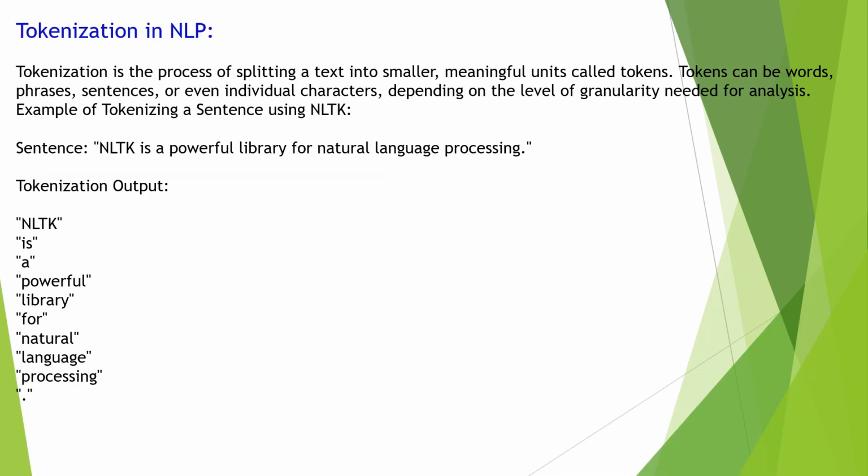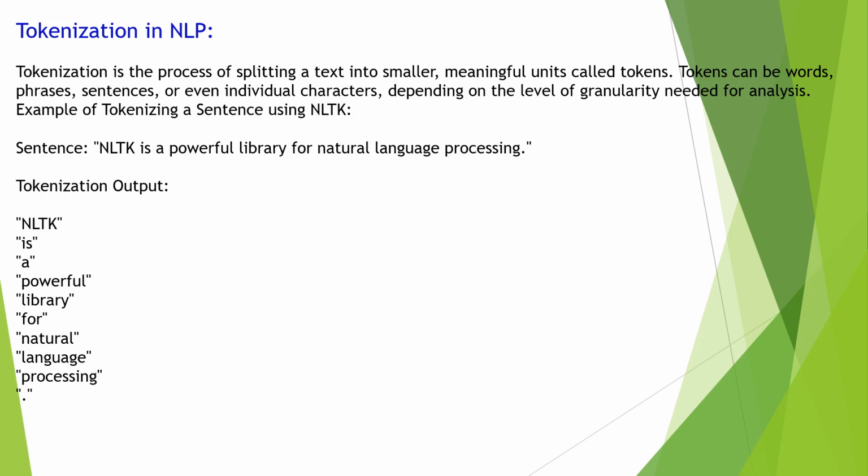So coming to the next, we come to tokenization, which is one of the most fundamental NLP tasks. Tokenization simply means splitting text into smaller pieces called tokens, usually words or sentences. For example, if I have the sentence NLTK is a powerful tool for NLP, tokenization will break it down into separate words like NLTK, is, a, powerful, tool, for, NLP.